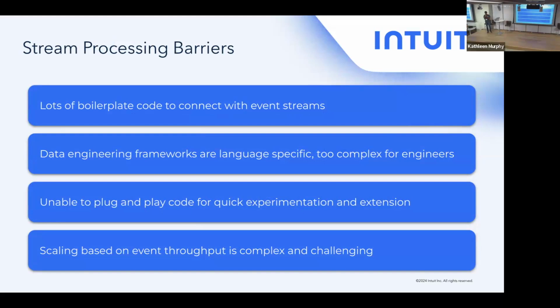But one of the biggest pain points as an engineer or ML engineer is that you don't want to focus on connecting to these event streams. Rather, you would want to focus on actually processing the data, on your business logic or processing logic itself. That is the most important pain point, where developers were writing a lot of boilerplate code in order to connect to any of these event streams. Most commonly at Intuit, we use Kafka as one event stream, along with Pulsar, SQS, SNS, and different kinds of event streams as such. That's one pain point.